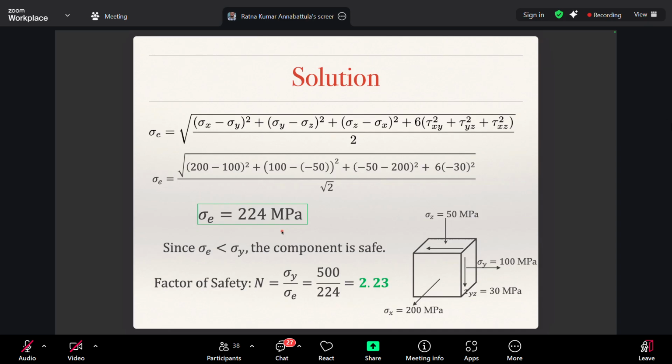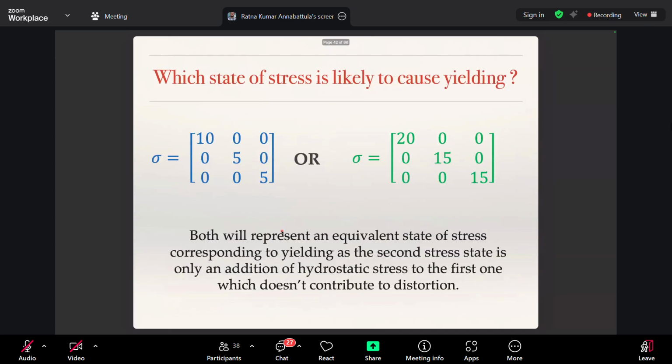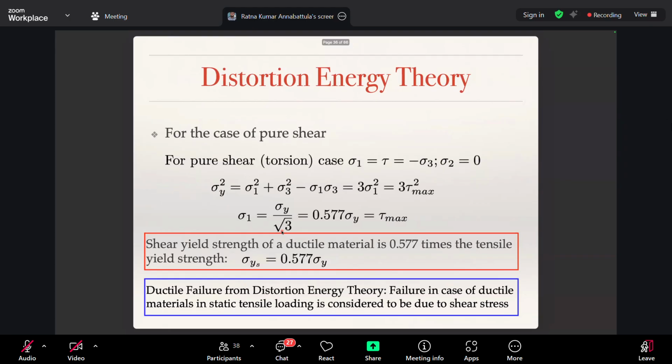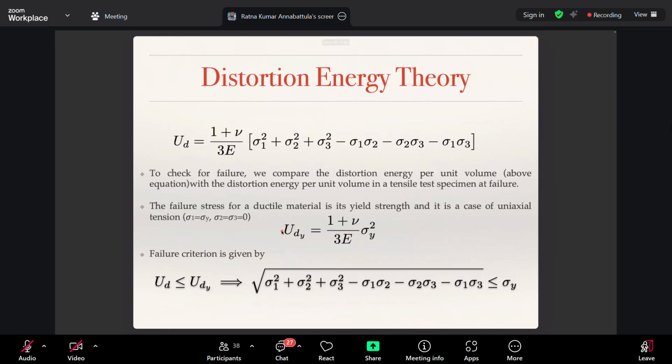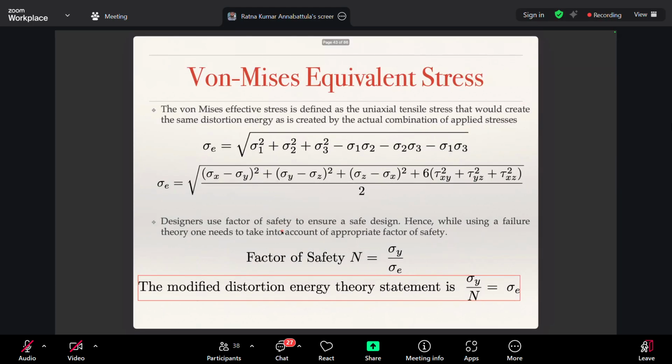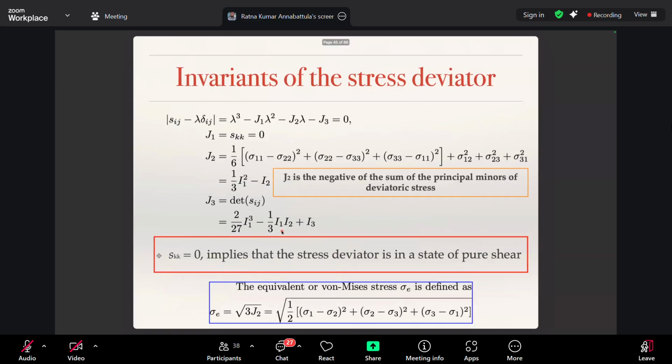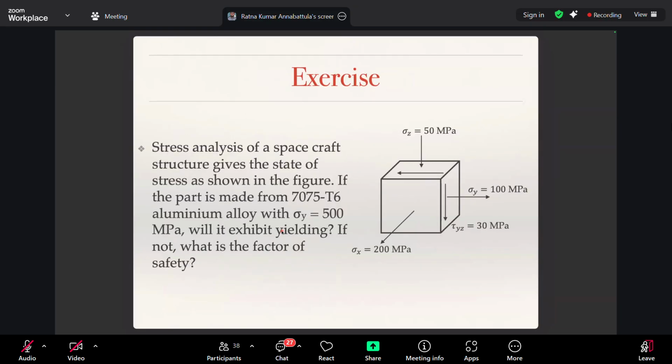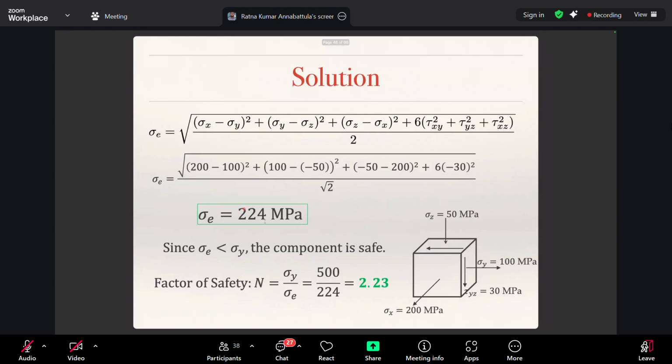Is the formula wrong? I'll give you the correct formula only. So where did you go wrong? Let me recalculate. Anyone got 224? Yes, sir, I'm getting 224. Yes, sir.